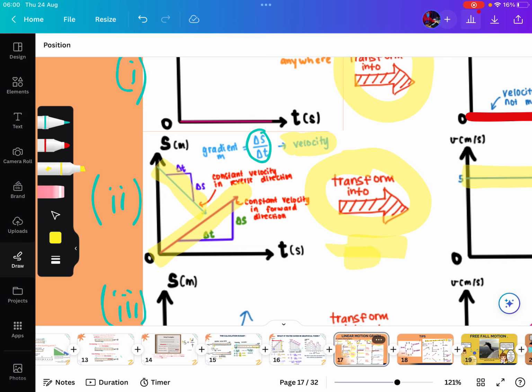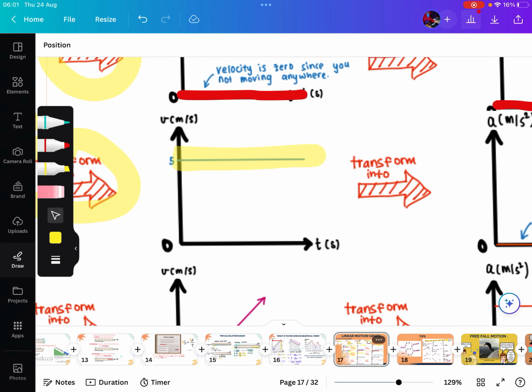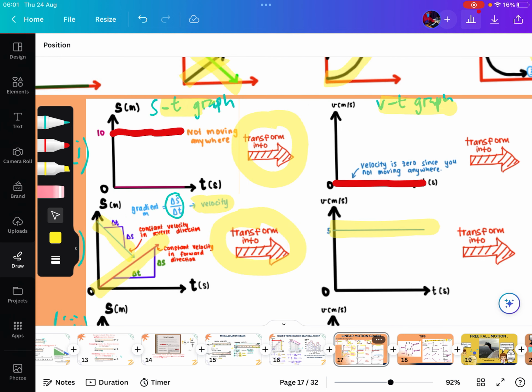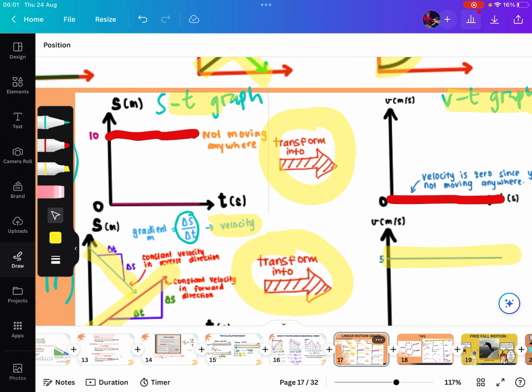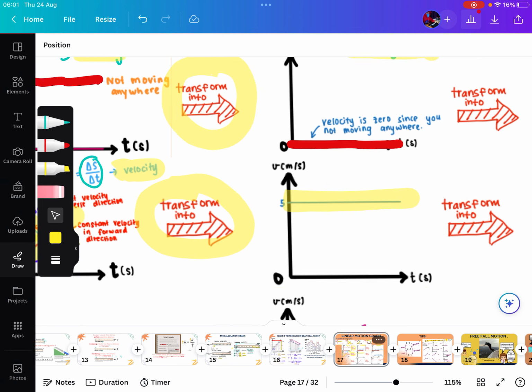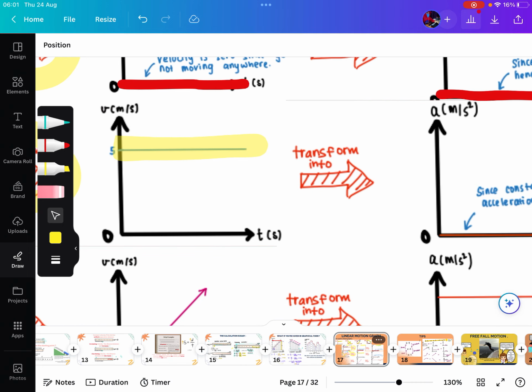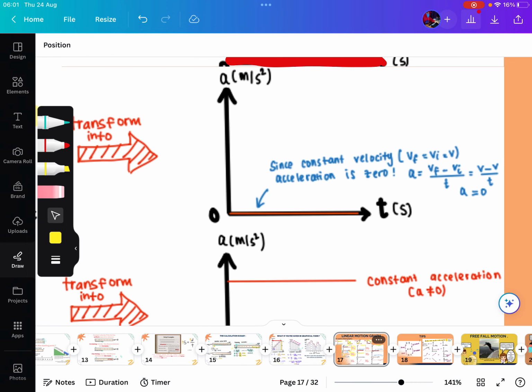But how are we going to change into the AT graph? If you have a flat line like this, remember previously we had a flat line and when we transformed it, it became 0 for the VT graph. Similarly, for the VT graph, if you have a flat line like this and you transform into an AT graph, it will be like this.